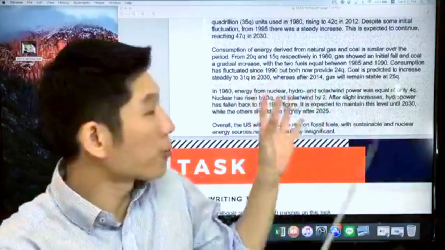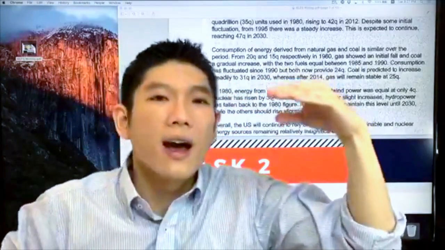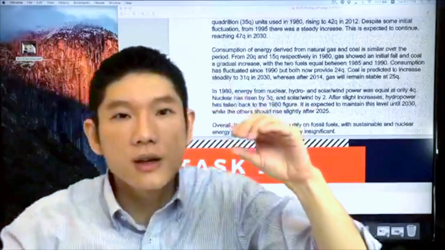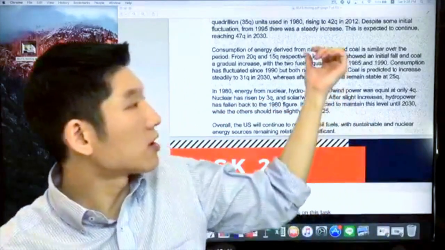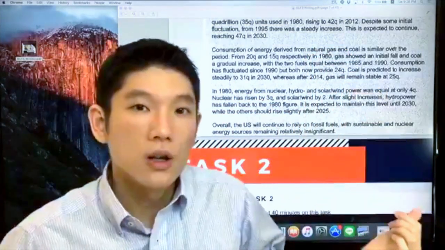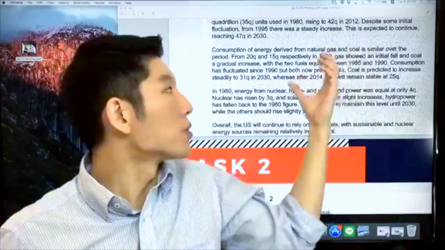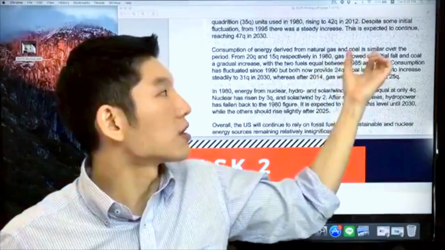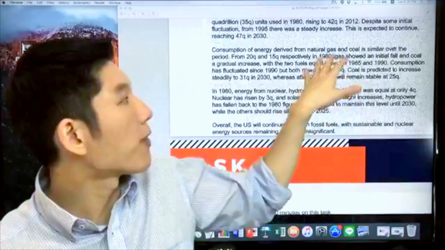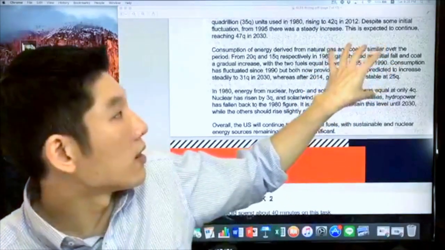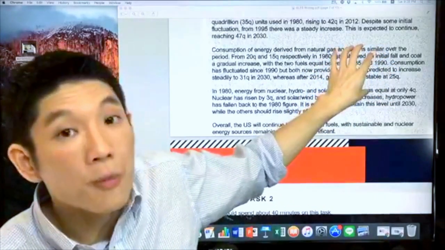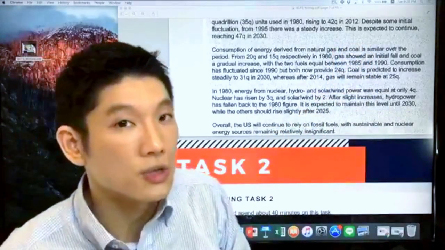So similar over the period. So right away, I know that the trend is about the same. This is a good topic sentence. 主题句，因为我一看到这个主题句，我就知道等一下说的趋势一定是大概是一样的。So this provides a good overview of the information that this paragraph is going to present.